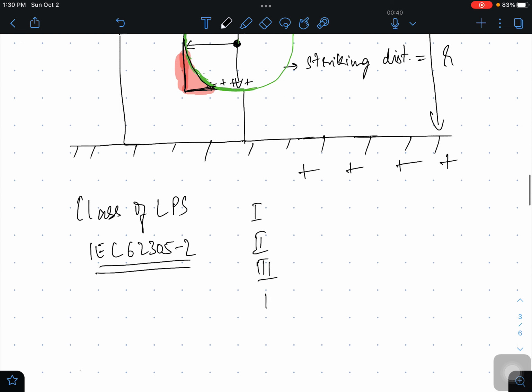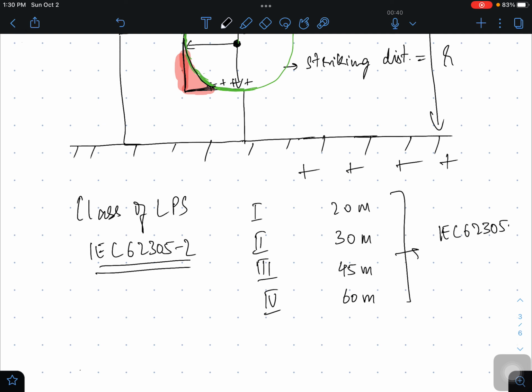There are 4 types. If it is class 1, then your sphere radius is 20 meters, class 2 it is 30, class 3 it is 45 and class 4 it is 60. This value is given in IEC 62305-3, which we will see in this lecture below.